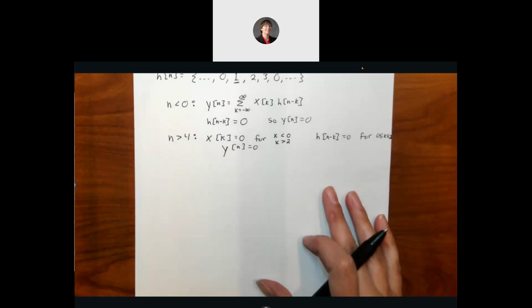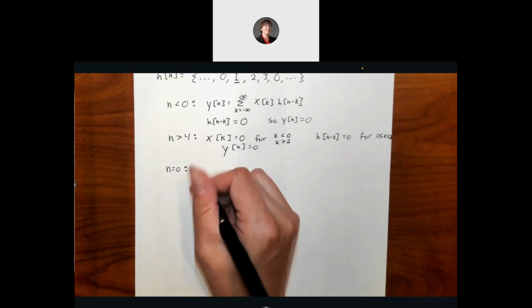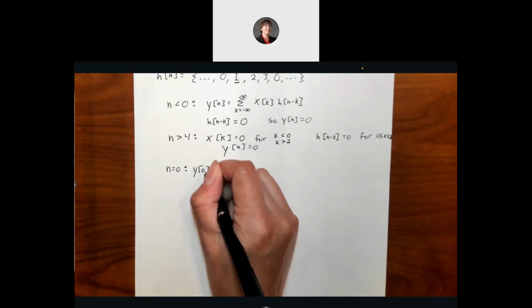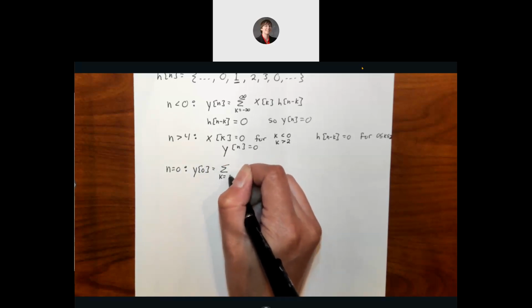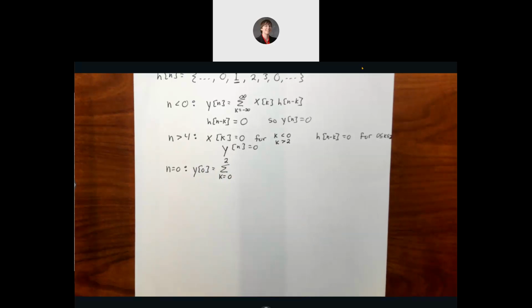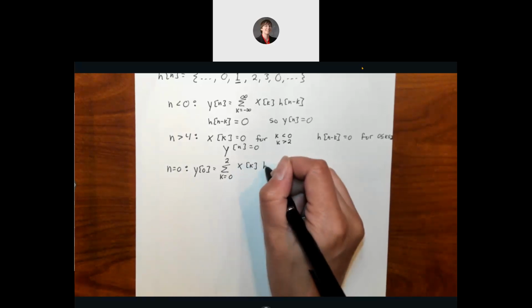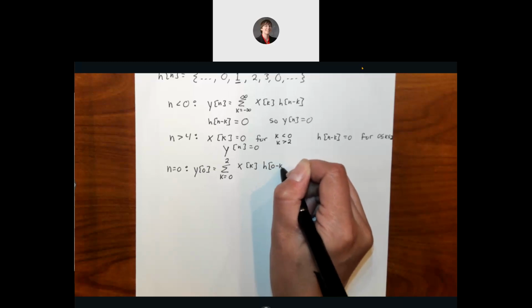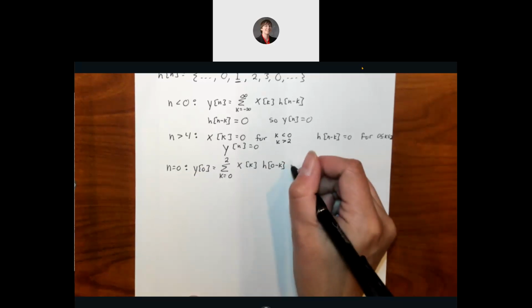And then if we look at the in-between cases, let's say n equals 0, then you would have y of 0. We would use just our non-zero values of x, because everywhere that x is 0 is going to cancel that out. We have x of k, h of n minus k, and plug in our n equals 0.